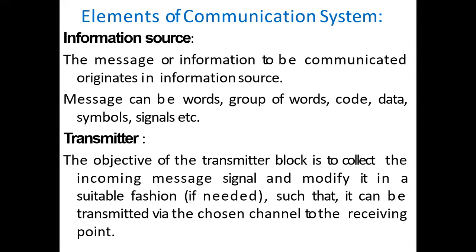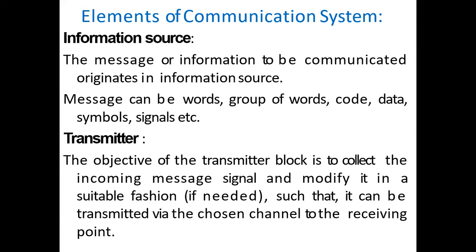Then the next element is the transmitter. The transmitter plays a very important role in transmitting information from source to destination. In the transmitter, we use a process known as modulation, by which we are able to transmit our information.